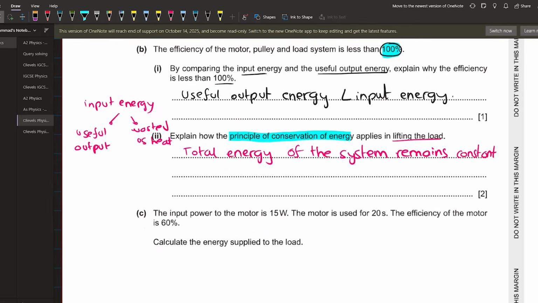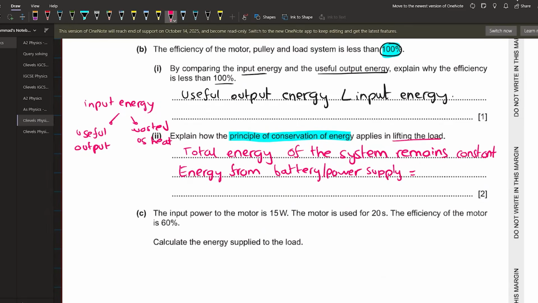You can say energy from the battery, energy from battery slash power supply is equals to what? Useful output energy, that is the gravitational potential energy gained by the weight, plus the heat wasted.